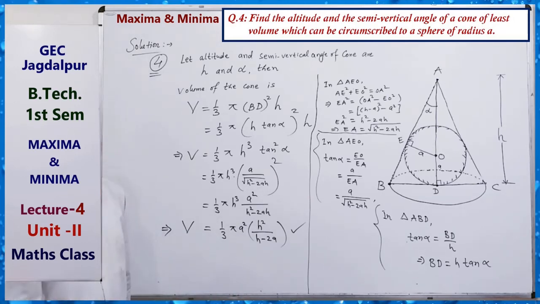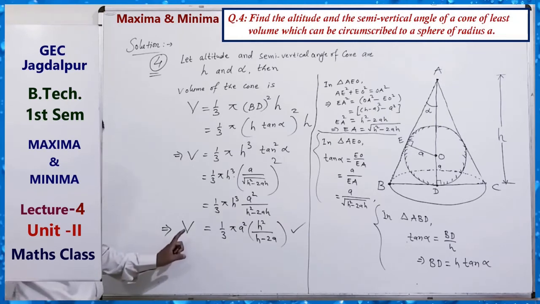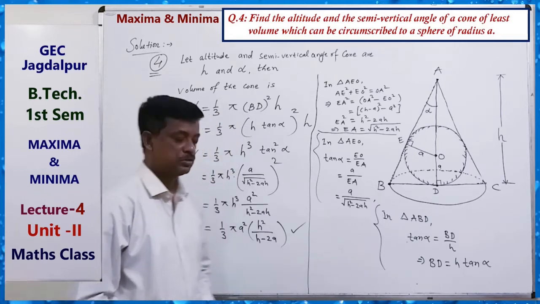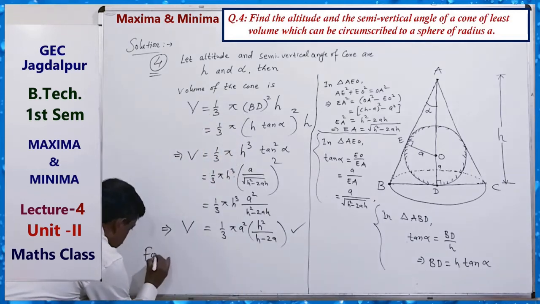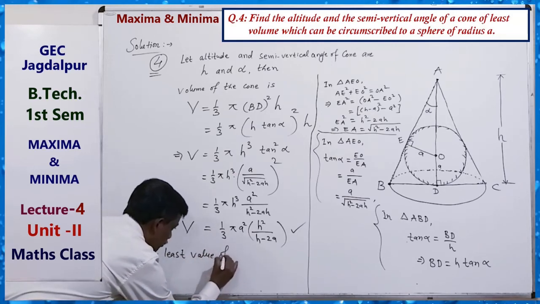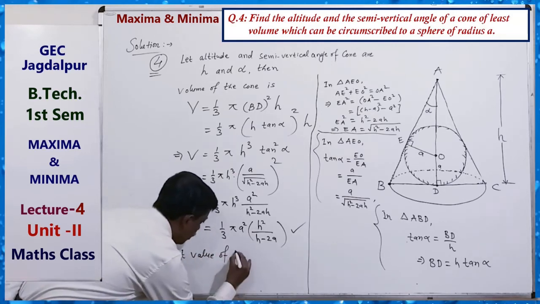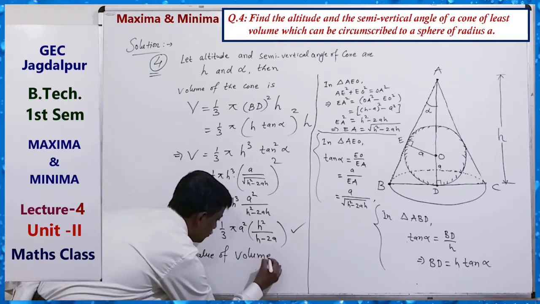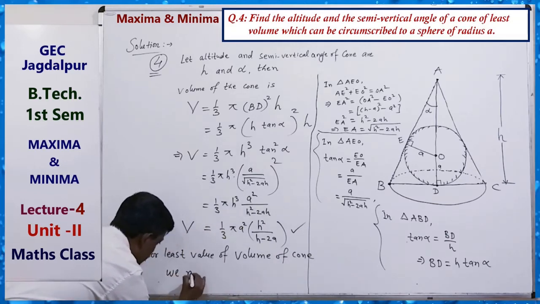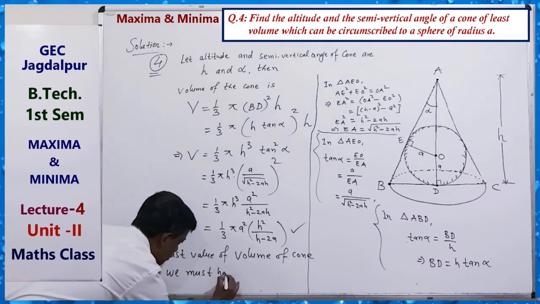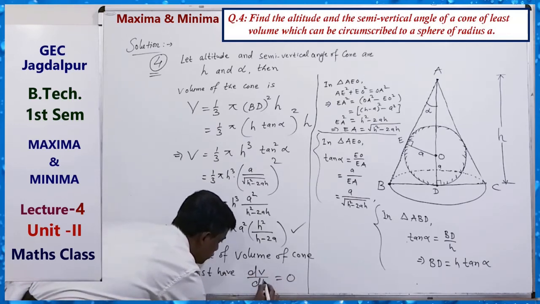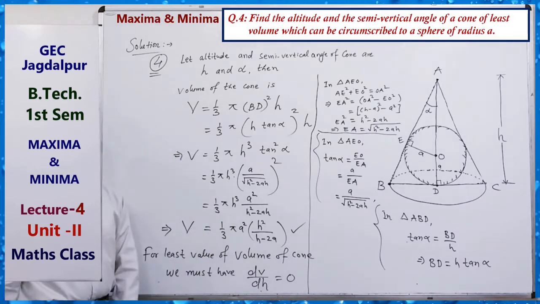Now h is our variable, and we have to find the least volume of the cone. For the least value of the volume of the cone, we must have dV by dh equal to 0.